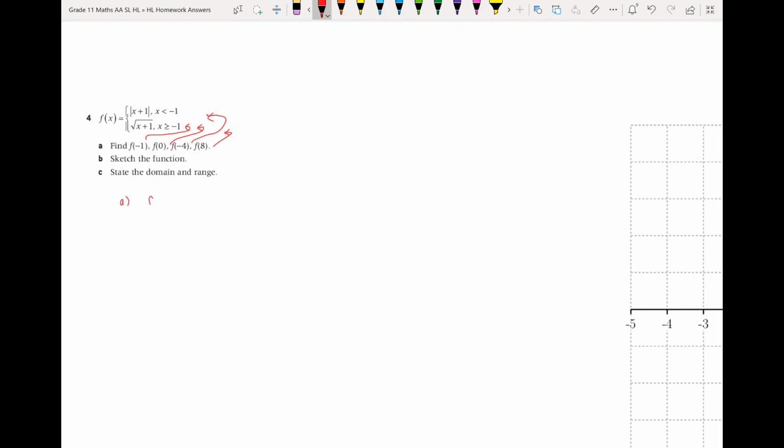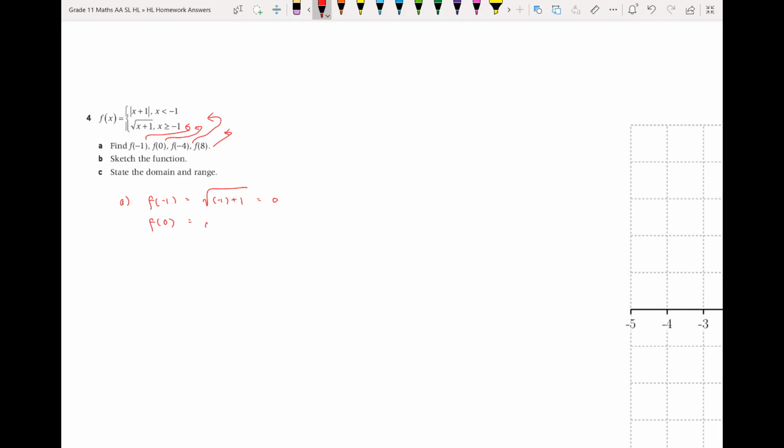In any case, f of minus 1 will be 0. F of minus 4. Oh, actually, that's the wrong piece. I got to be mindful too. So f, oh, I forgot f of 0. Oh, no. Then I'm right. This is the second piece. This is the third piece.